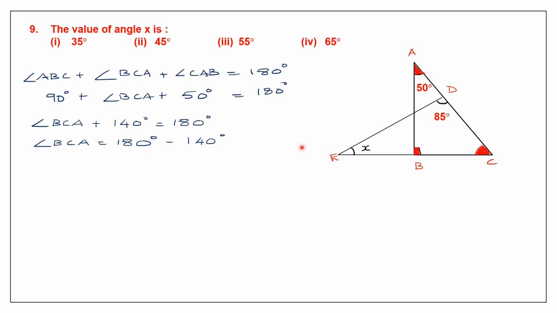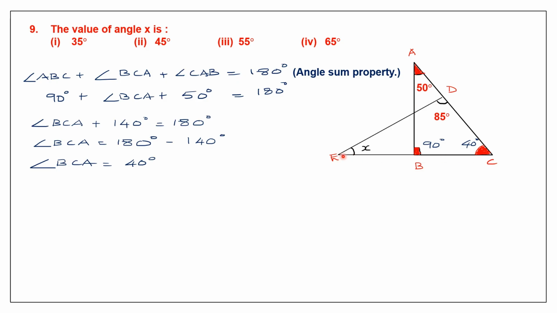All this because of the angle sum property, which says the sum of angles of a triangle equals 180 degrees. So now we can get the value of angle BCA, and that is 40 degrees. So now we have all the angles of this triangle ABC.